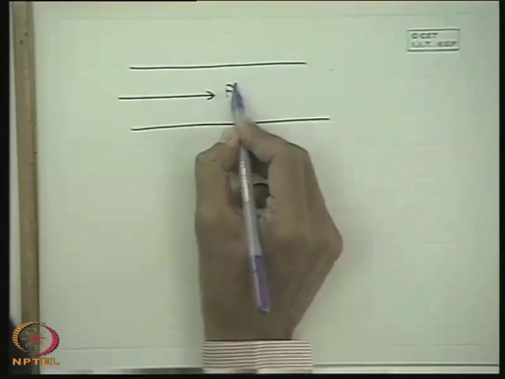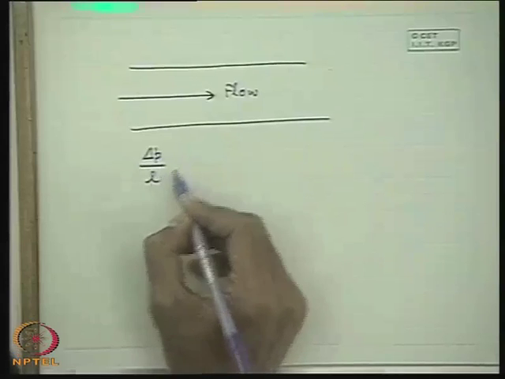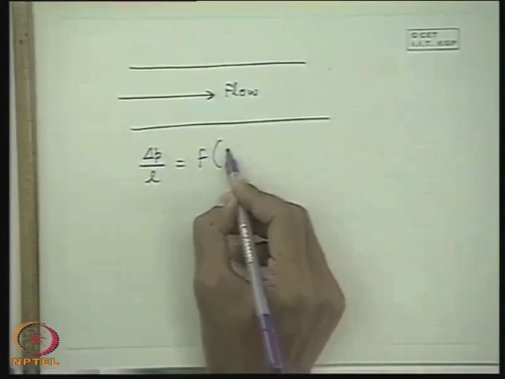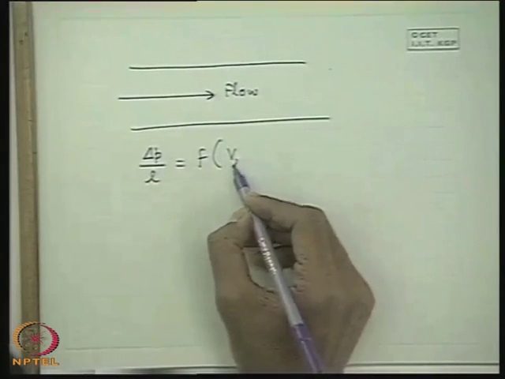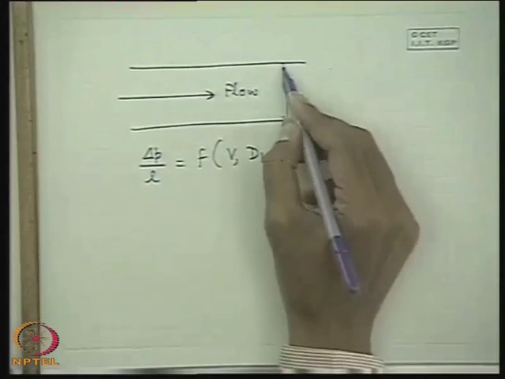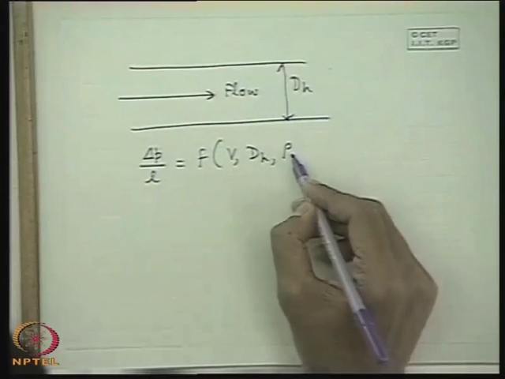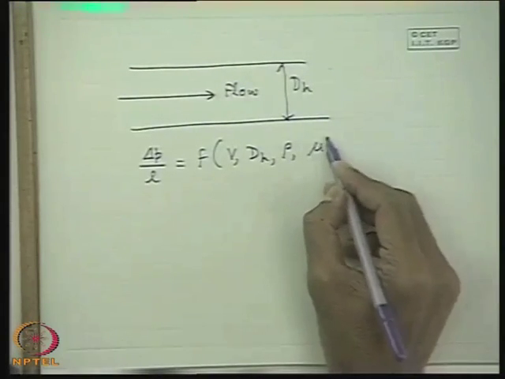This is the flow. We have found out that delta P by L, per unit length, is a function of flow velocity V, the hydraulic diameter dH, which is the pipe diameter in this case, rho, and the viscosity mu.